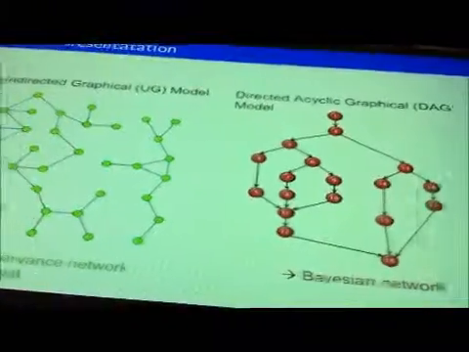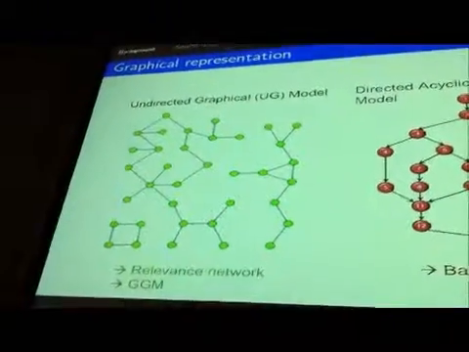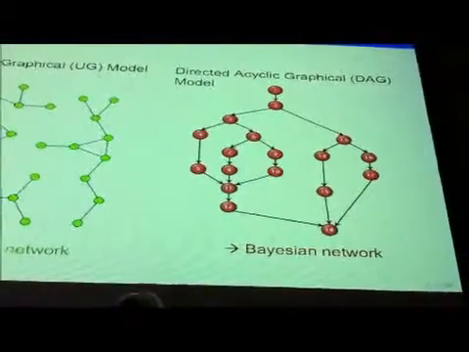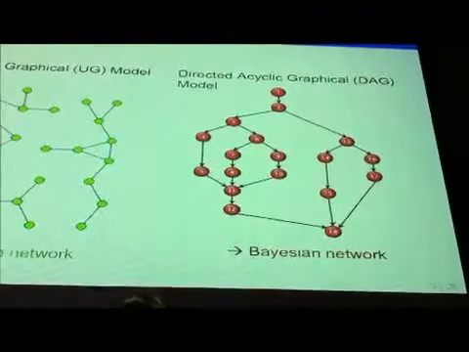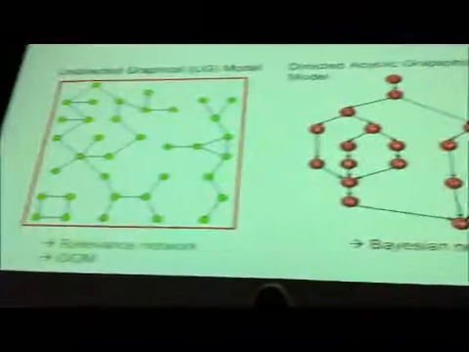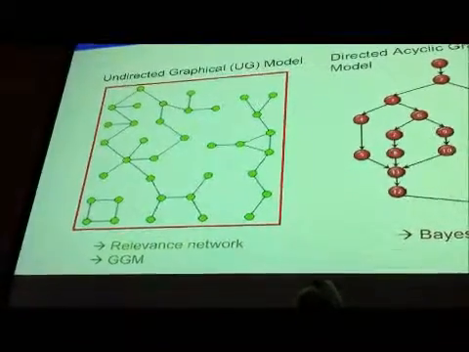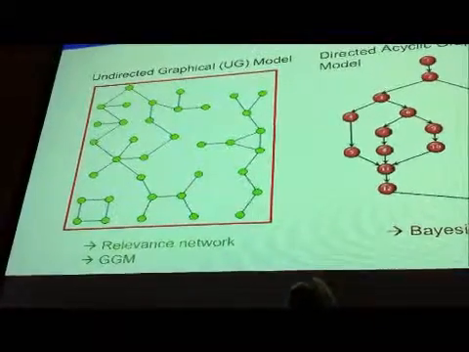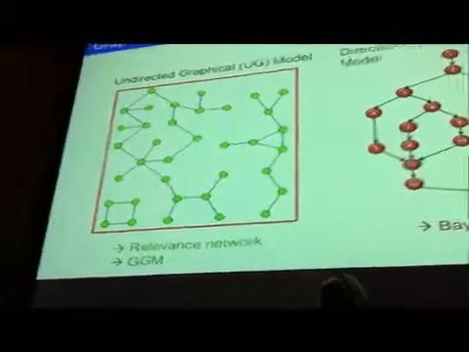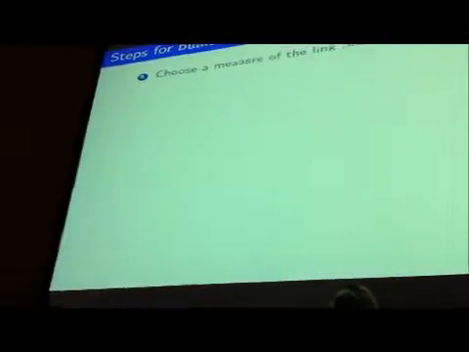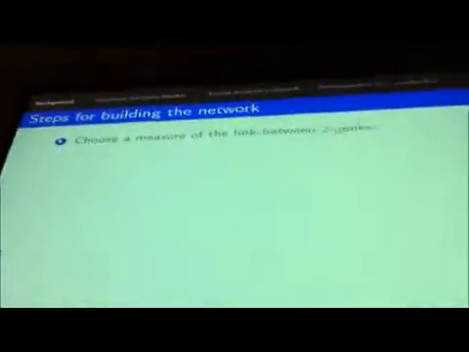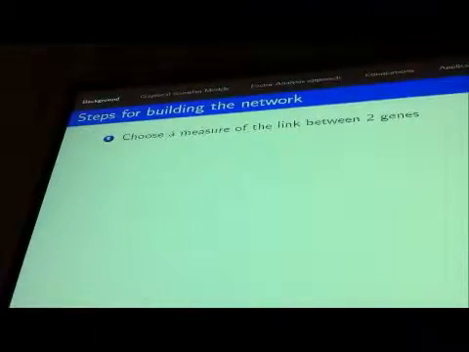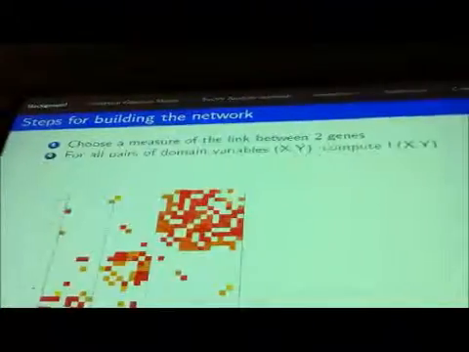There exist two different types of representation: the undirected graphical model or the directed acyclic graphical model, or Bayesian network. But in this study, we're going to focus on the undirected graphical model, and there are two types of methods dealing with this model: the relevance network and the graphical Gaussian model. So the different steps are as follows. First of all, we choose a measure of the link between two genes.